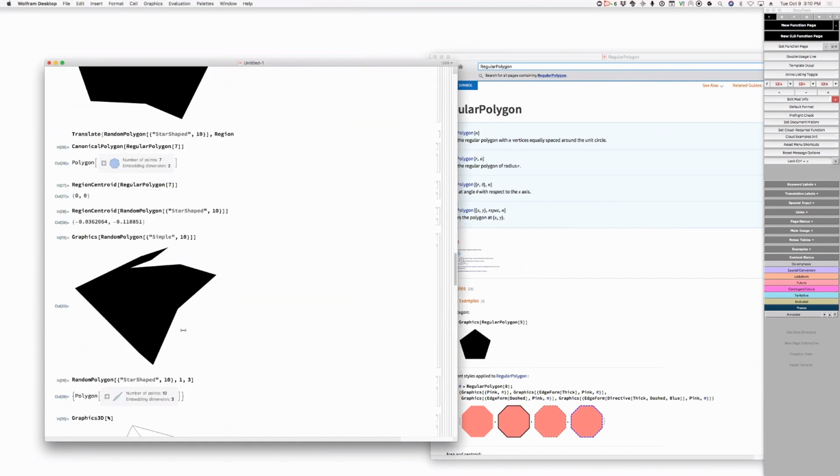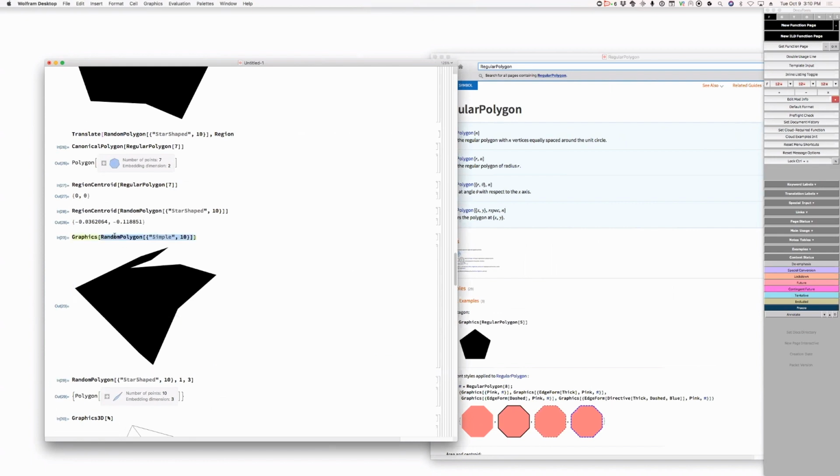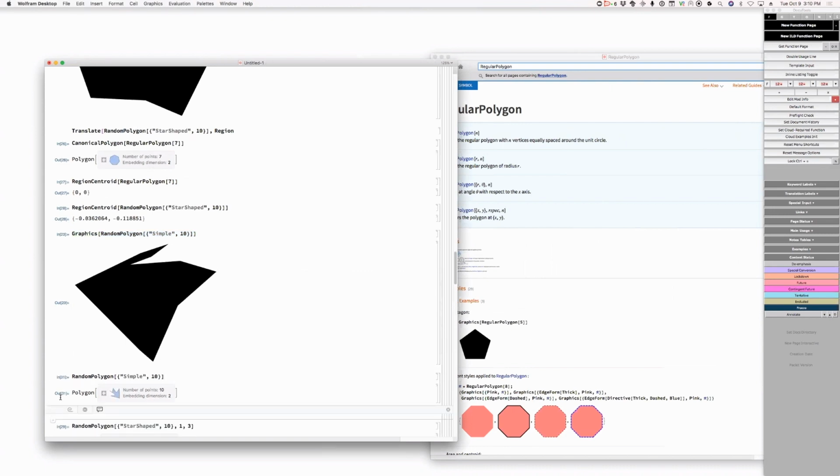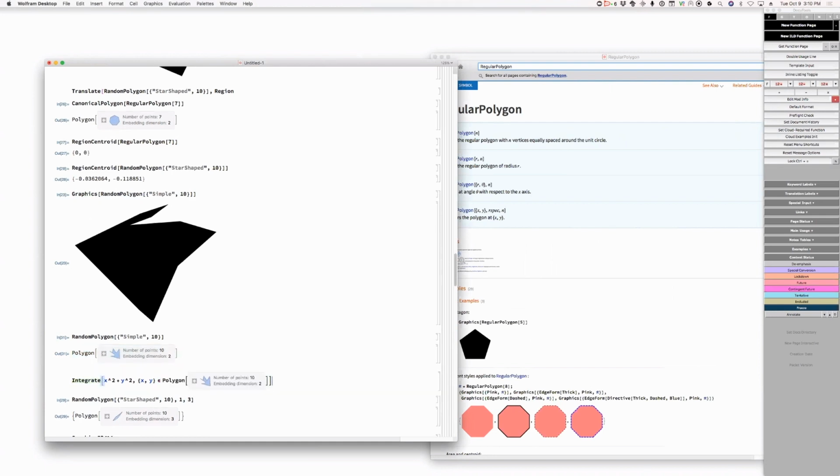So you're telling me that if I take a random polygon here, and I say integrate x squared plus y squared, x, y an element of this polygon, is this going to work? Yeah. Well, not in this version. It will work in the 12 version that we ship.